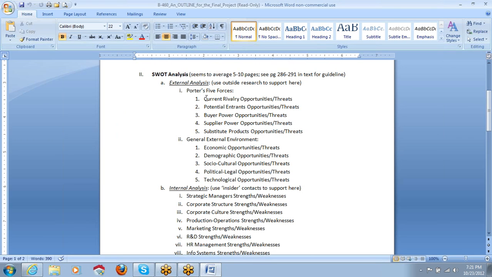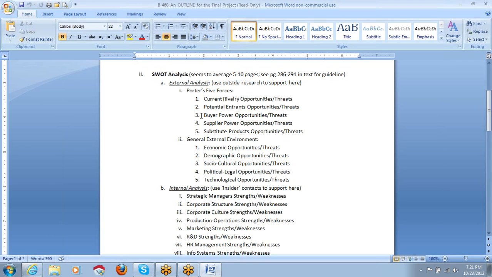Are there opportunities that RBC has to take advantage of their competitors? Are there threats to RBC from their current competitors? Are there potential new competitors out there that are threats? Or is there a way that RBC has of really killing any potential new business that comes out there?